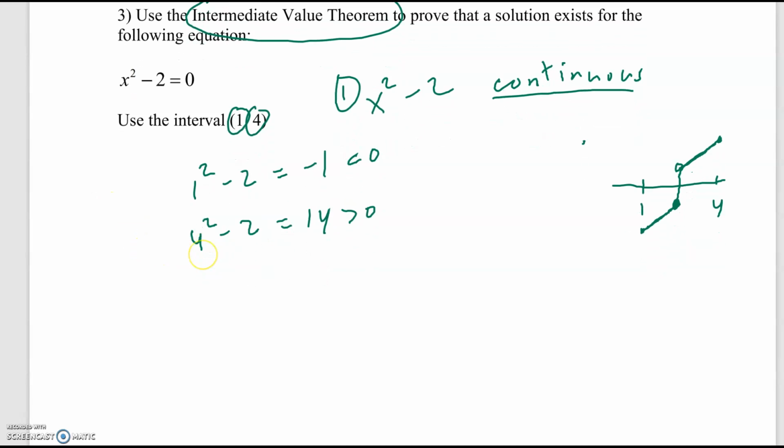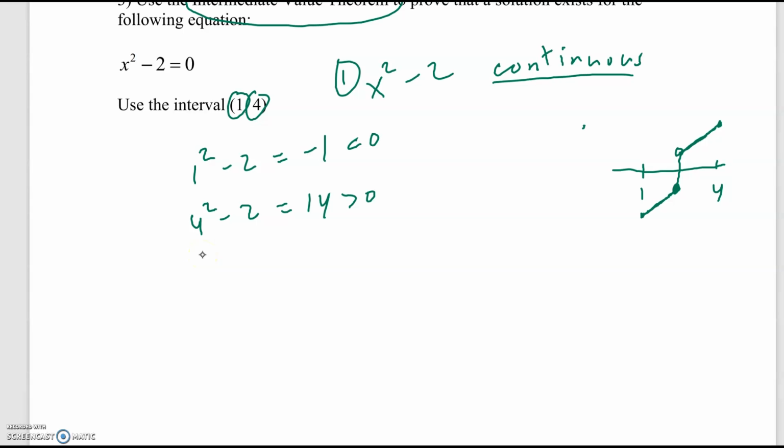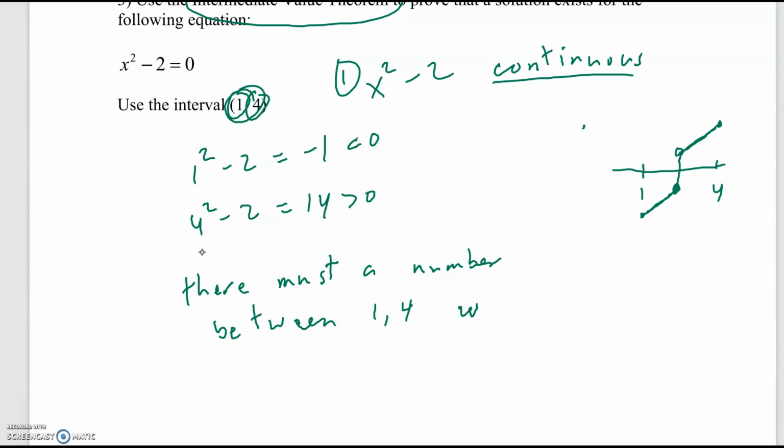And then you can invoke this theorem that says there must be a number between the numbers in your interval, there 1 and 4, where f of c equals 0. Okay, where c is the solution and f is the function. It's a little sloppy, but I'm just quickly telling you the answers so you can check your work.